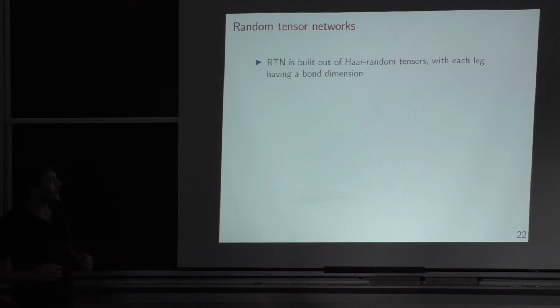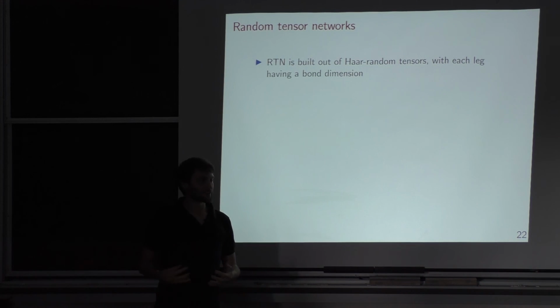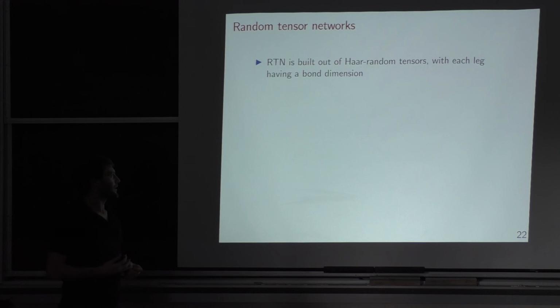So this is my last slide. Just a quick recap of what's going on in random tensor networks, which is a very interesting part of the paper. Unfortunately, I didn't have time to go through it.